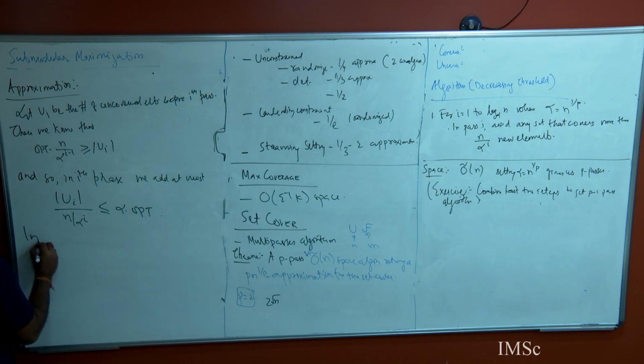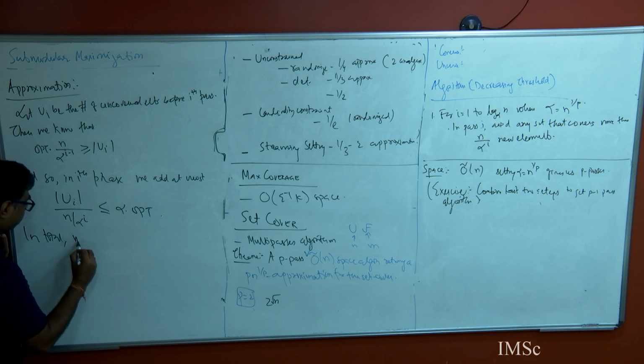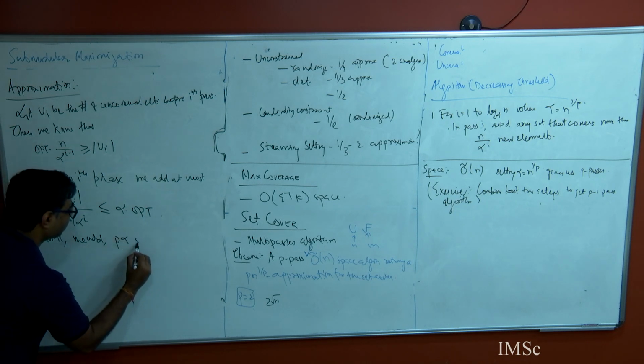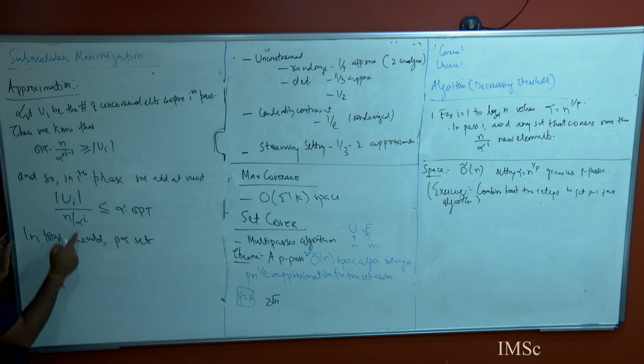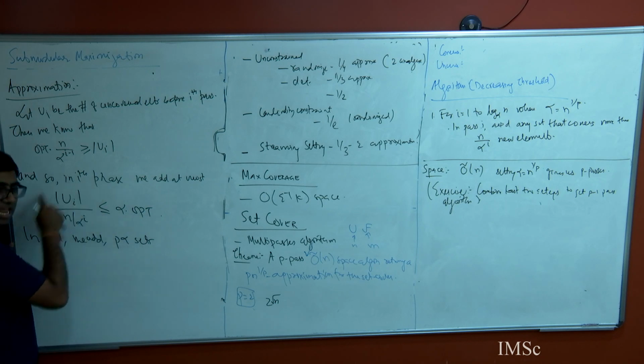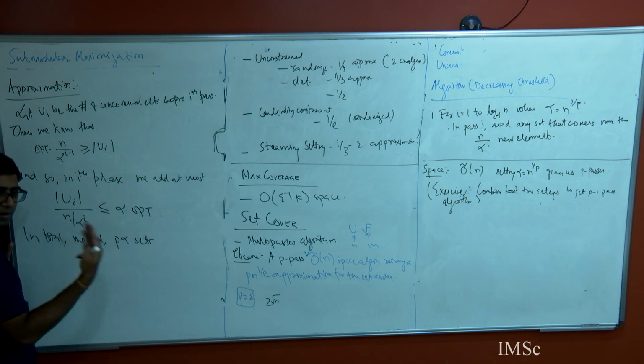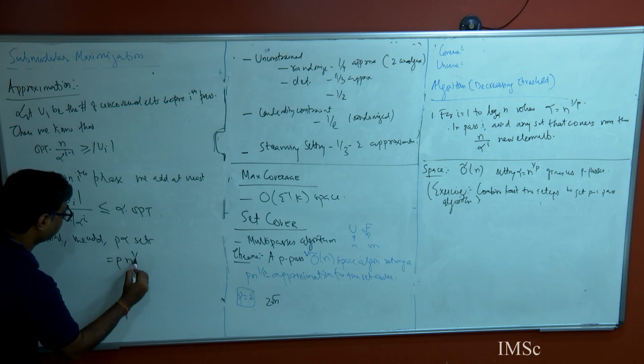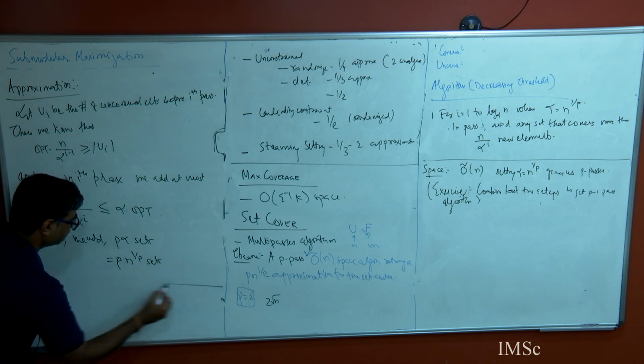So in total, how many sets do we add? In any pass we add at most alpha times opt sets, and there are p passes, so in total we add p alpha opt sets, which is p times n to the power 1/p times opt. That's it.